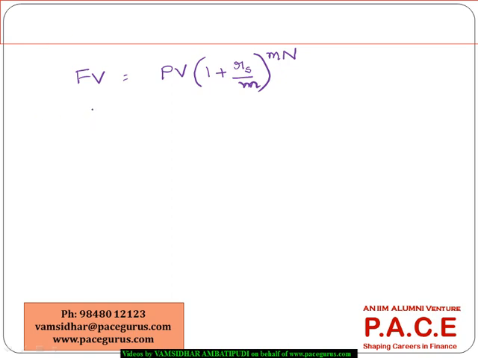So this is what will become the future value in case the compounding happens at much more frequent intervals of time.